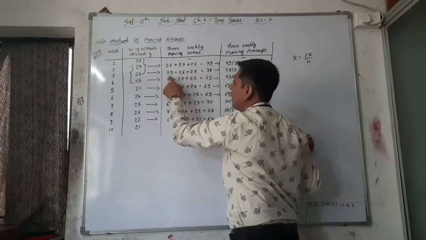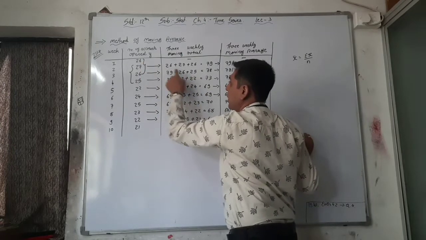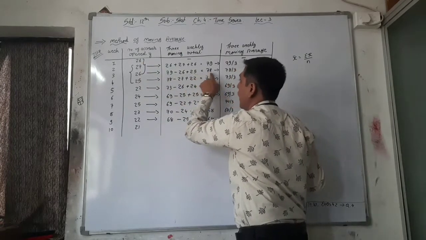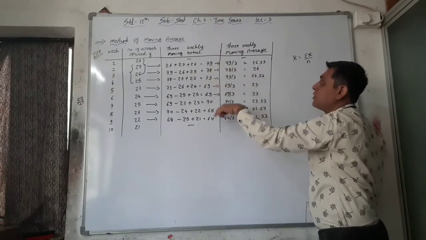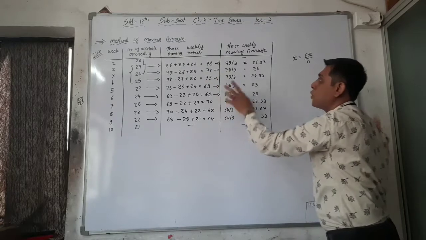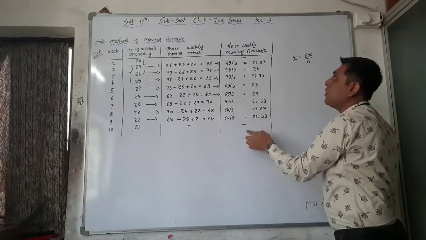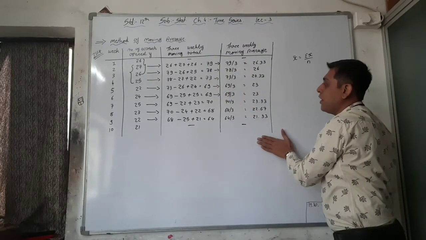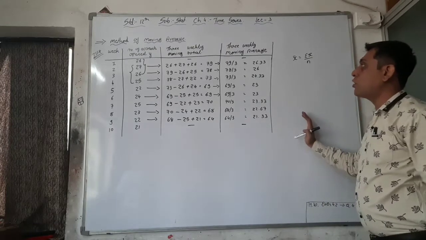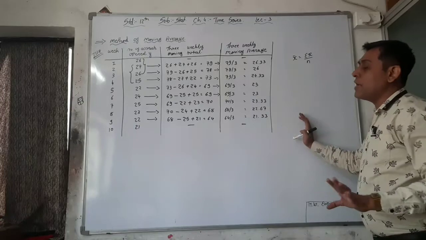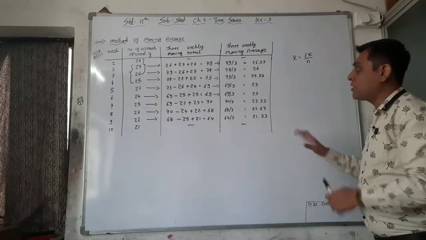That's why 79 minus 26 plus 25, and we find the values like that. And from these 3 weekly moving totals, we find the 3 weekly moving average by dividing by 3. So your 3 mark sum, or maybe it will be asked in 5 marks, is complete here.